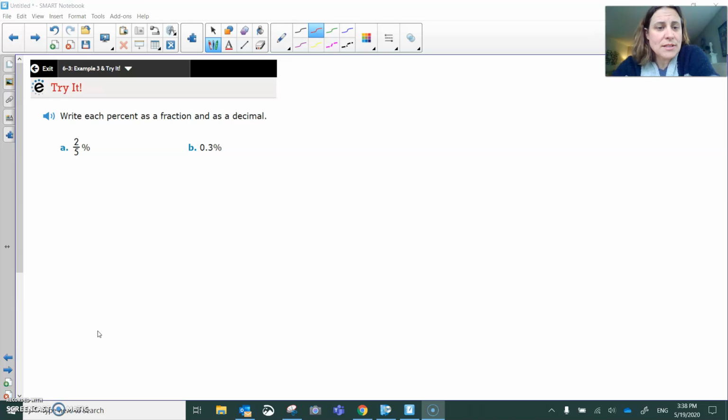So write each percent as a fraction and as a decimal. I'm starting off with 2/5%. How should we attack this? If I was going to write that as a decimal percent instead, I could think about it like this.